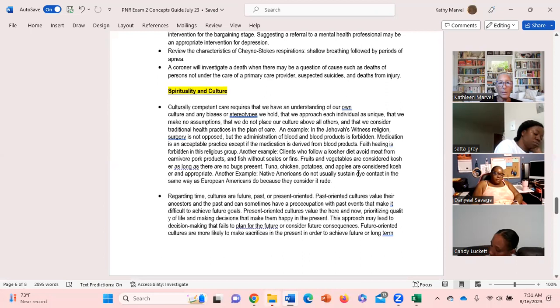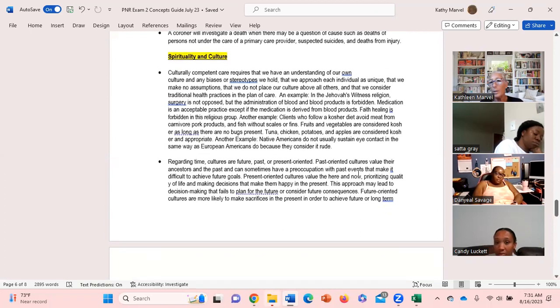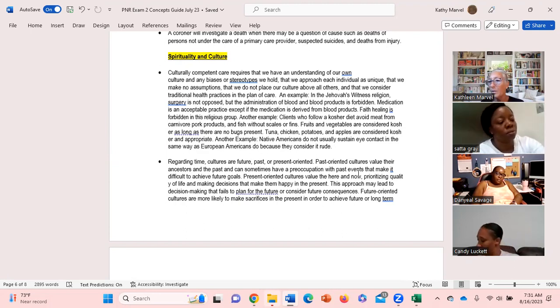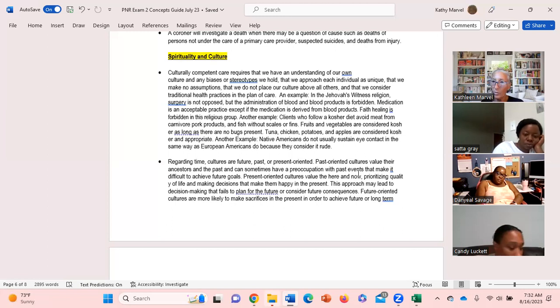Let's move to spirituality and culture. I focus a lot on culturally competent care because it's extremely important in our profession. And it all starts with, before we even talk about it, culturally competent care requires us as nurses to assess our own values, our own beliefs, understand our own culture, and then we can understand other cultures.